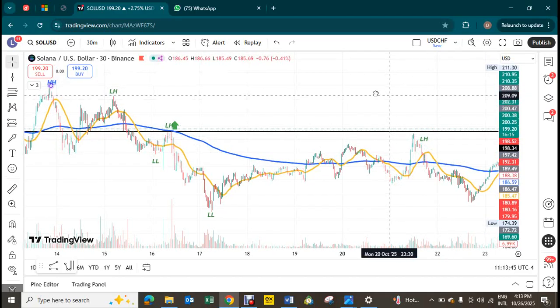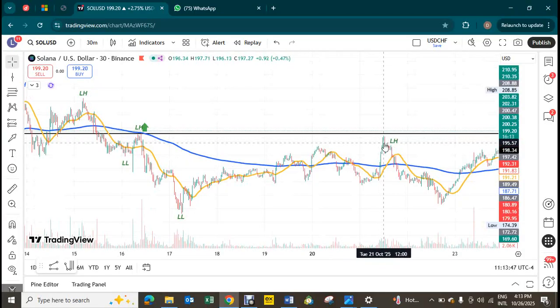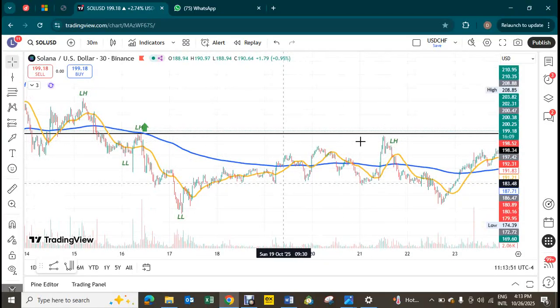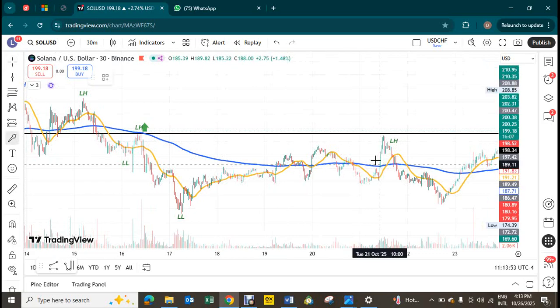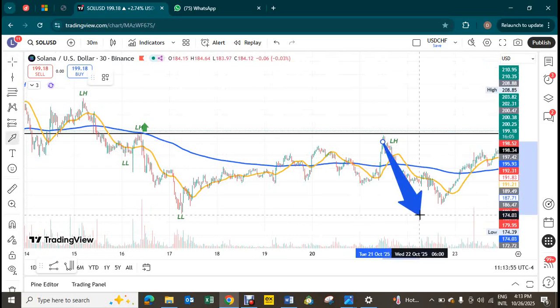So right now we would have taken a trade here because we are looking for price to come down to this side and cross this level.